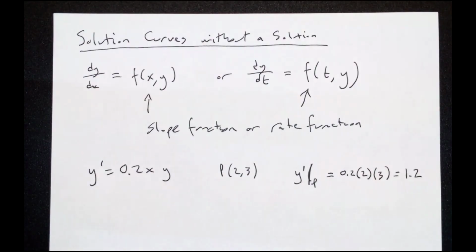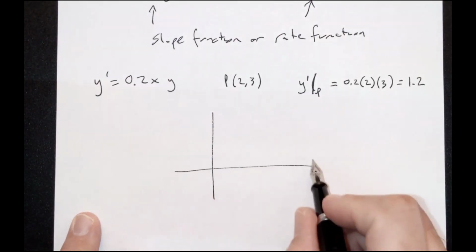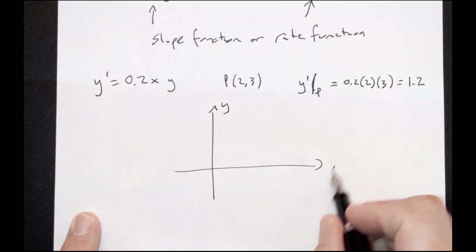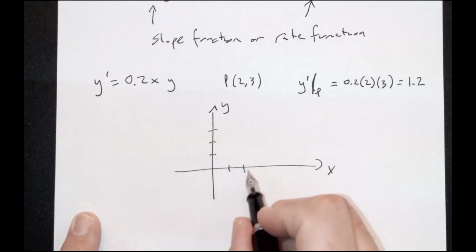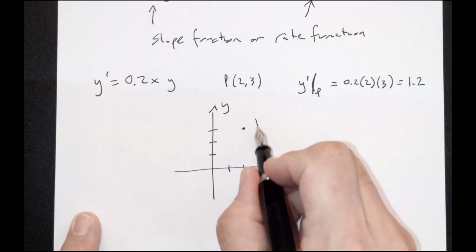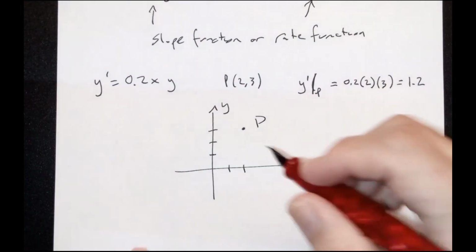So if I were to create an image without actually solving squat, at this point, P, I know whatever graph is the solution has a slope of 1.2.